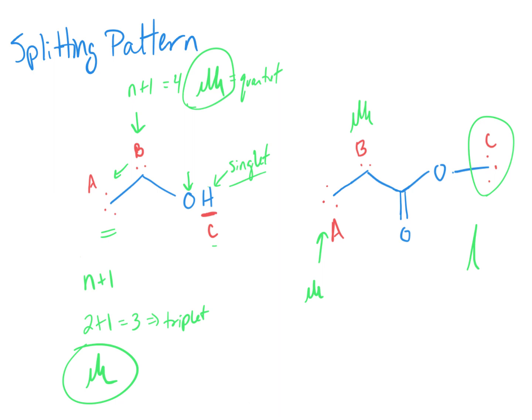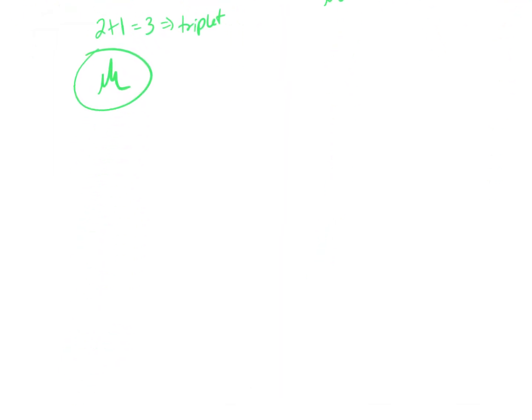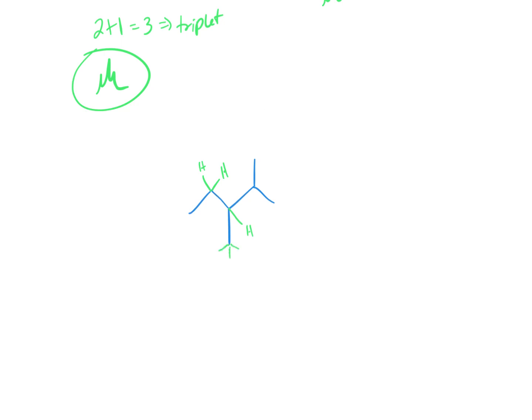When you have a lot of things that are splitting one another, so for example, if I have a chain, and let's say we've got something like this, the hydrogen that would be coming off here would be split by, we've got hydrogen here and here. I've got 3 hydrogens here. I've got another hydrogen here.